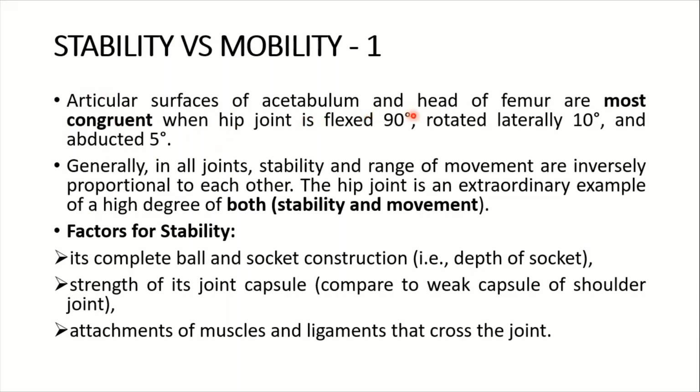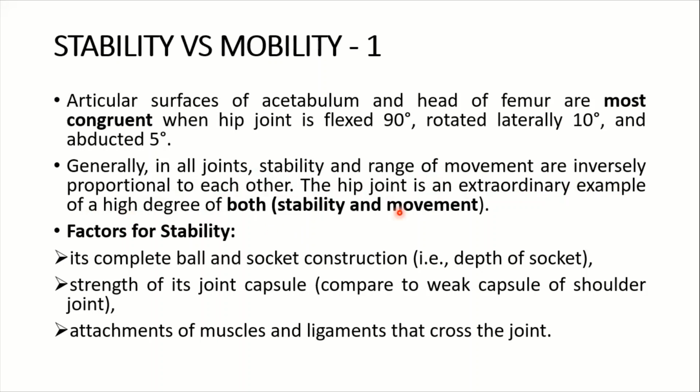Articular surfaces of the acetabulum and head of the femur are most congruent when the hip joint is flexed 90 degrees, rotated laterally 10 degrees, and abducted 5 degrees, right? This is the congruence. Generally, in all joints, stability and range of movements are inversely proportional to each other. The hip joint is an extraordinary example of a higher degree of both stability and movement.